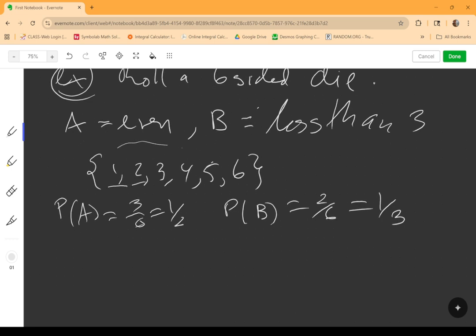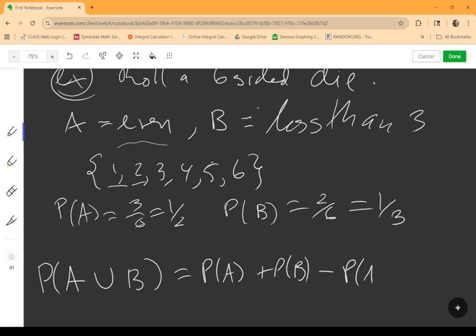So that's 2 out of 6, which is 1/3. Now if you want to find the probability that A, even, union with B, less than 3, again, we can start off by just writing out the formula. A union B, right?